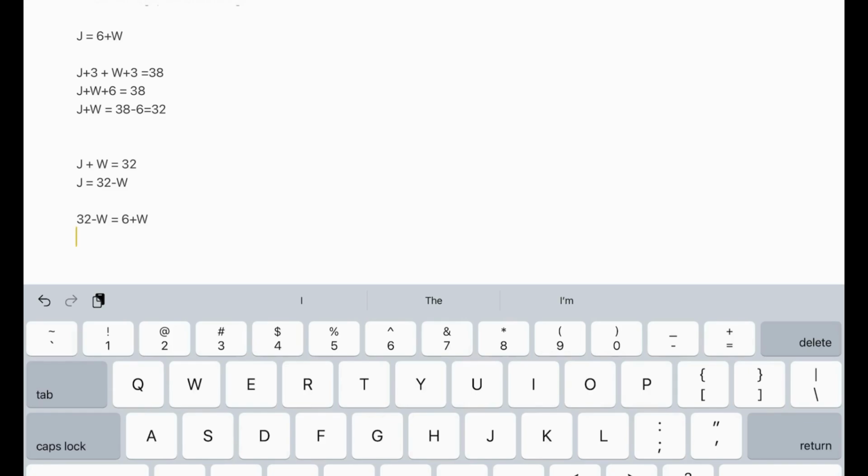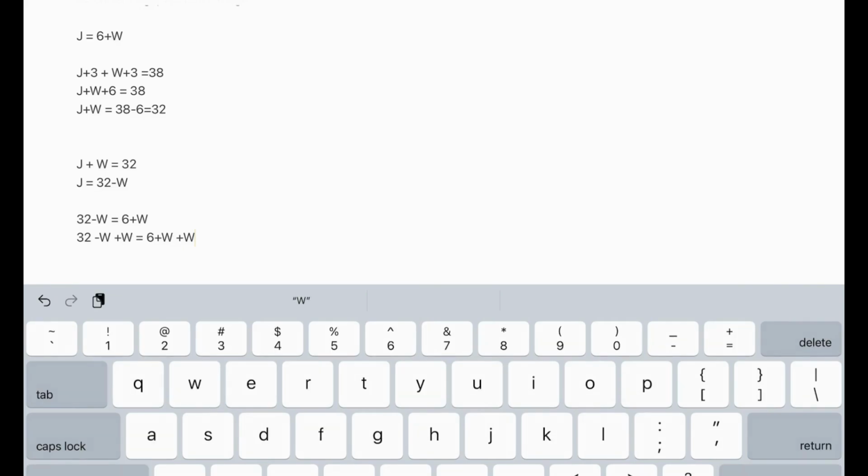So 32 minus W plus W equals 6 plus W plus W.